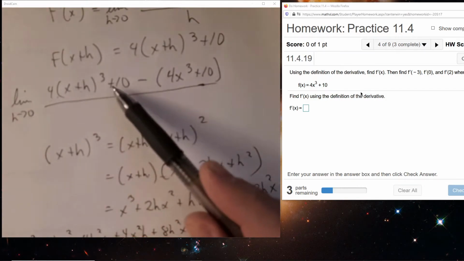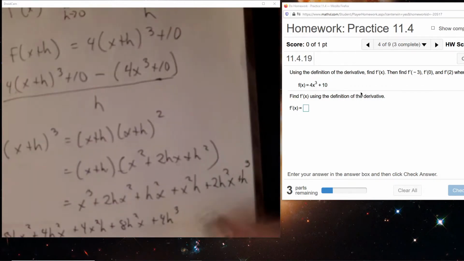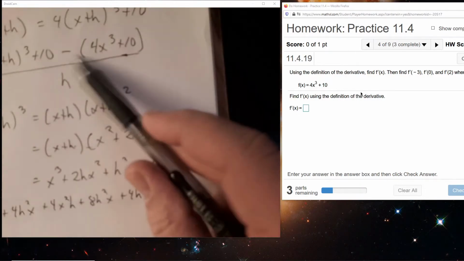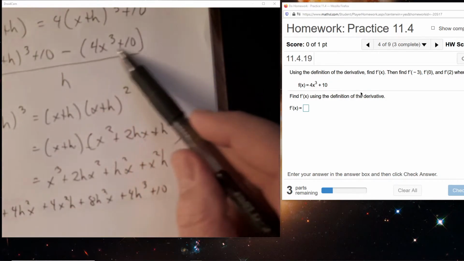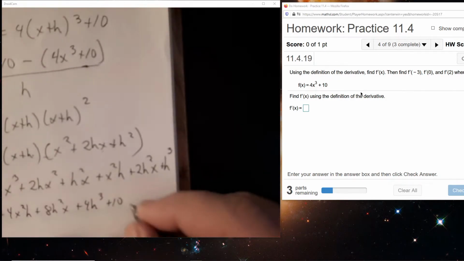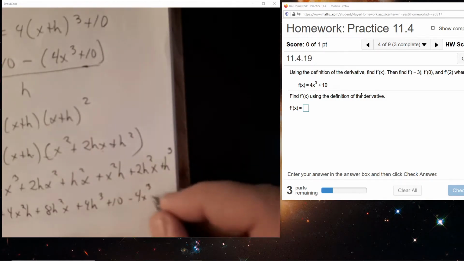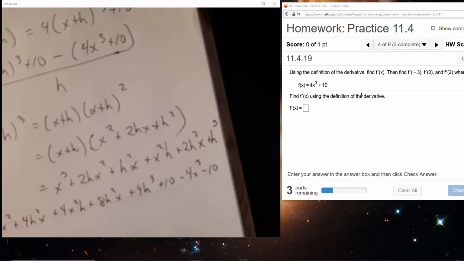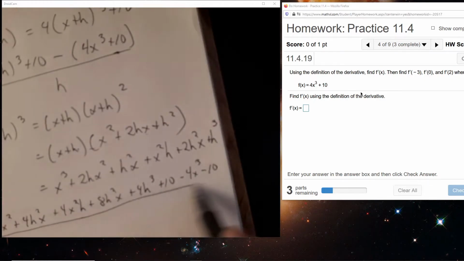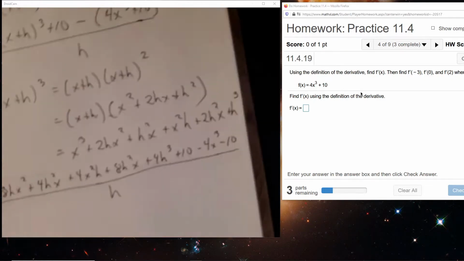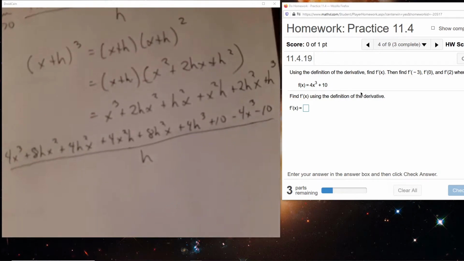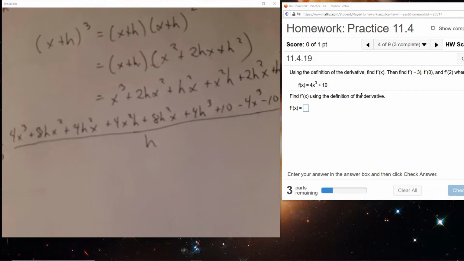So now we have the plus 10. And now we have the minus sign that distributes into the parentheses here. So we get a minus 4x cubed and a minus 10. And all of this is over h. So there it is. I can't even quite fit that all on the screen.